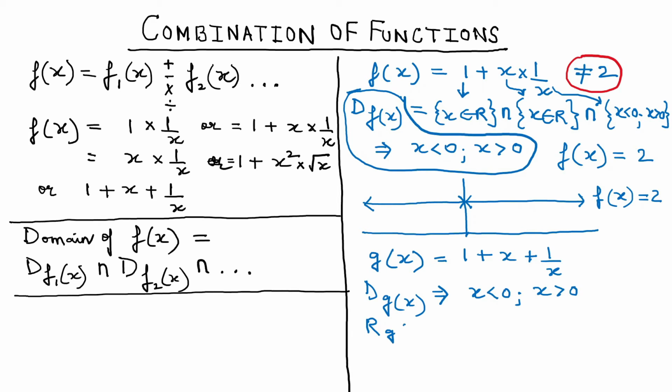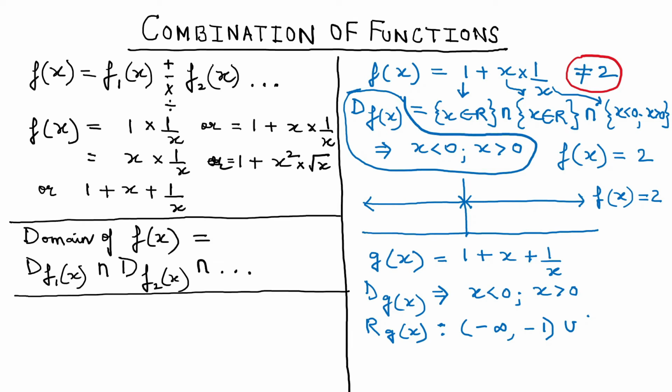Okay, talking about the range of g(x) now. For the range of g(x), you'll have to take up values, and once you start taking the values as we had done in our earlier sessions, you will see that the range of this function will be minus infinity to minus 1 union.